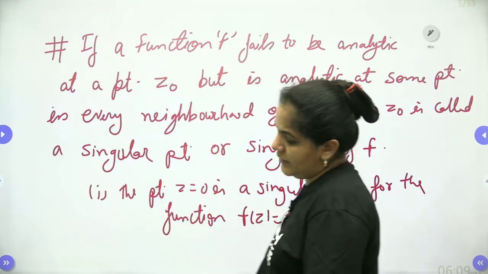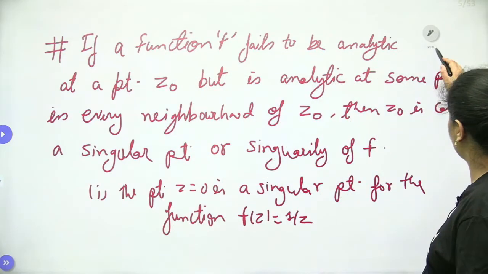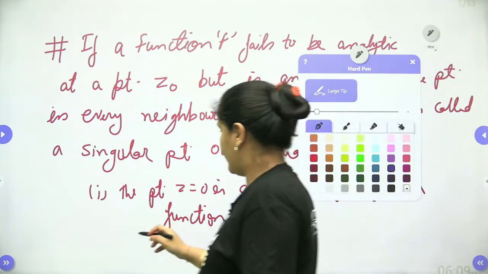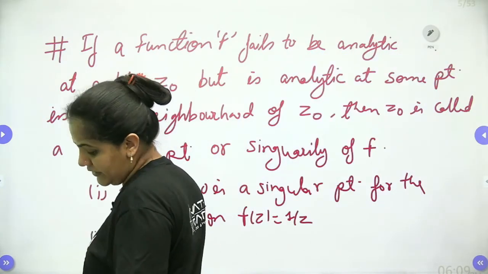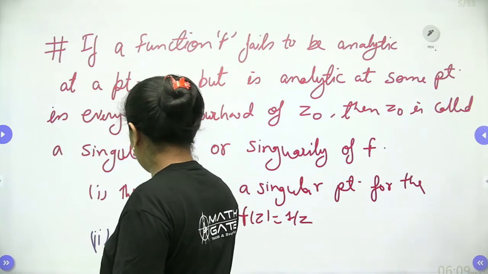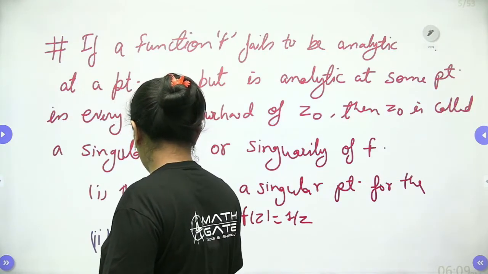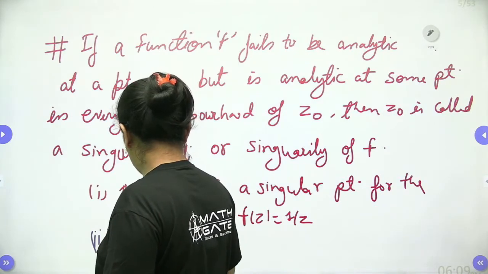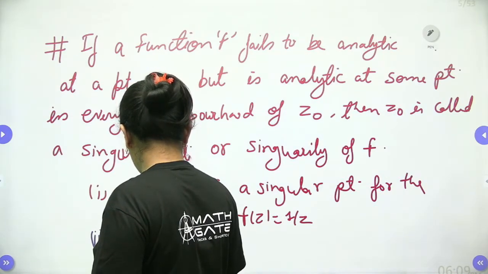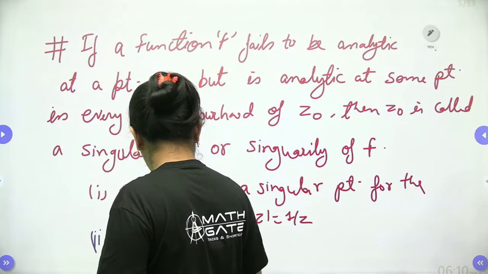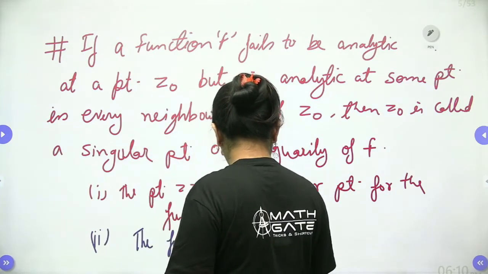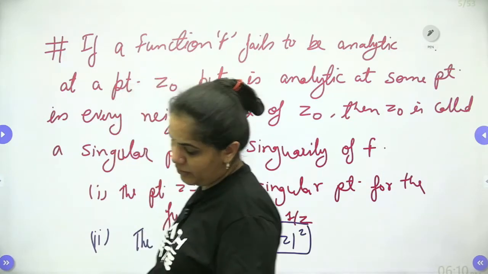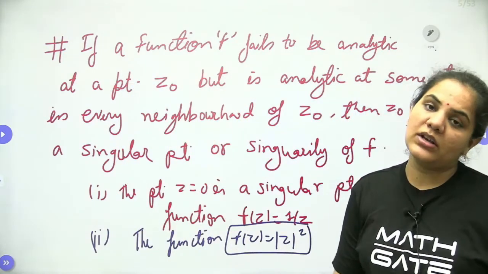And if you want to write down one more example, let me write down one more example. The function f(z) = |z|. Now here you will get one important thing. The function f(z) = |z|². When we have the function f(z) = |z|², it has no singular points.